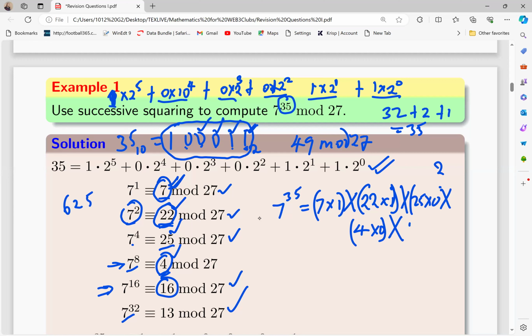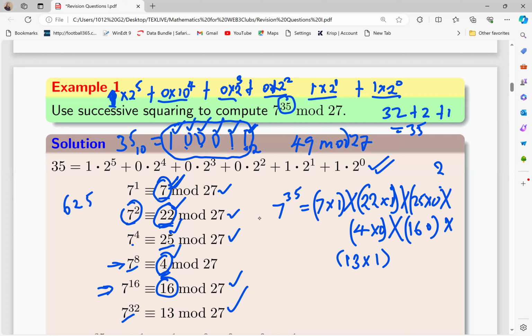Then I'm now on 16, and the number corresponding to that is 0. And then finally, I'm at 13, and the number corresponding to that is 1. So let's do away with the ones that had multiplication by 0. Also, of course, they'll give us 0.